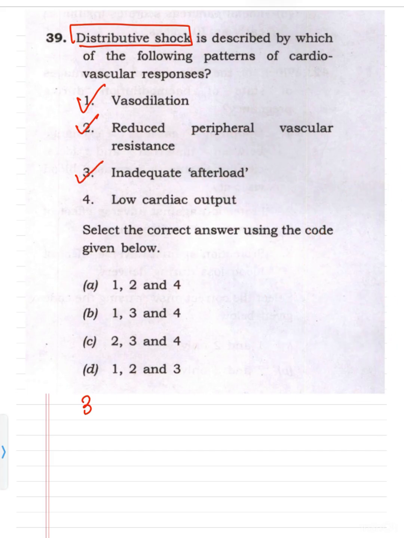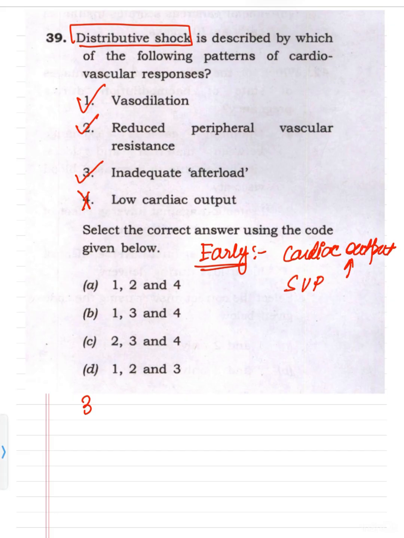Now the fourth is low cardiac output. This is wrong. Why? Because in the early phase of distributive shock, especially in septic shock, the cardiac output is increased. In contrast to other types of shock, distributive shock is the one in which cardiac output is increased and systemic vascular resistance is decreased.